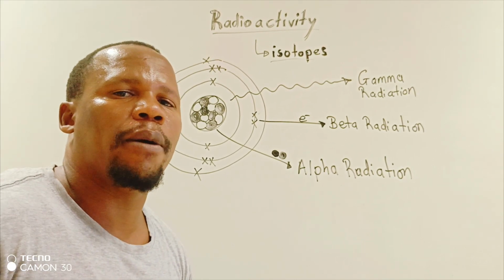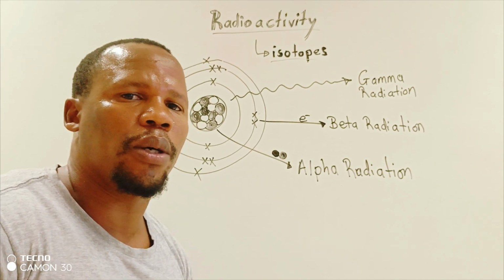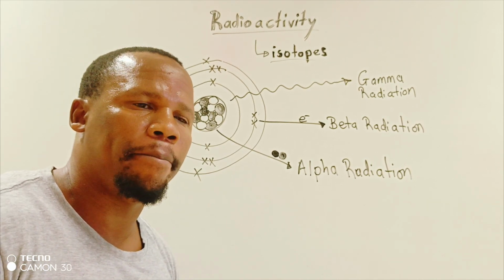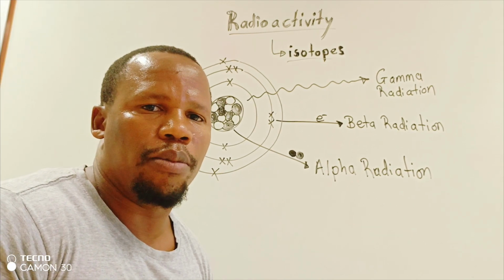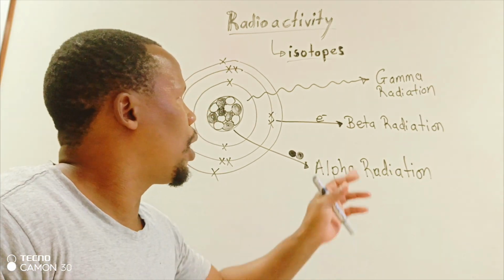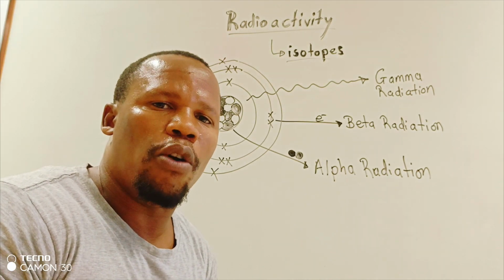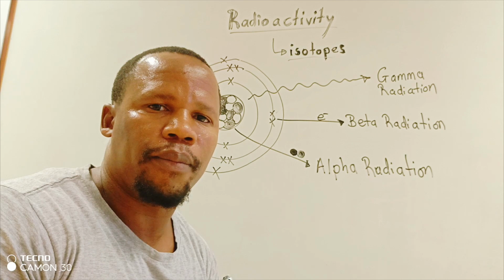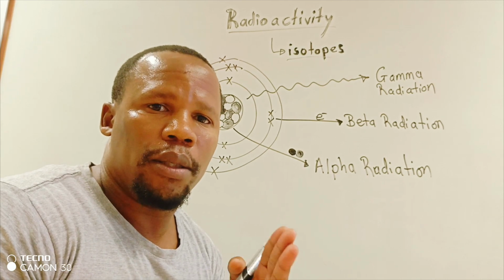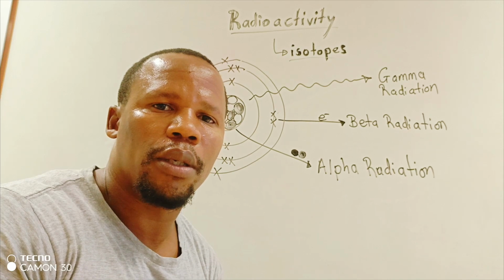So you can never discuss this topic, radioactivity, without talking about isotopes. So okay, what is an isotope? Isotopes are atoms of the same element with the same number of protons but different number of neutrons.